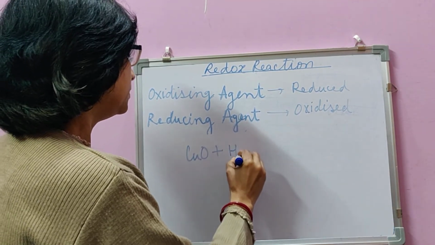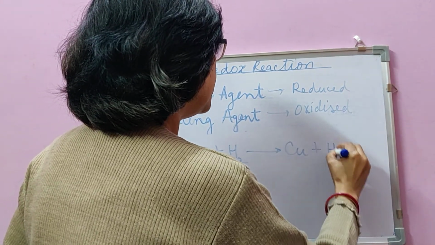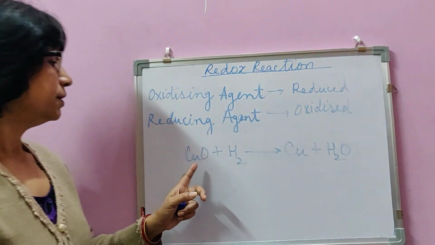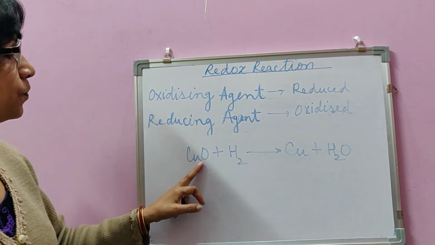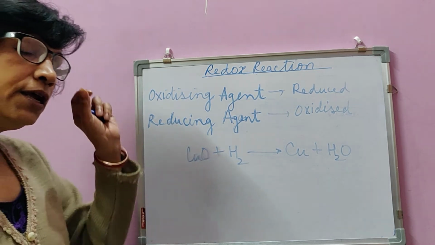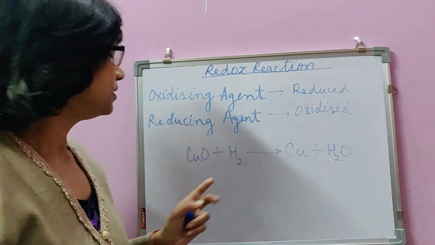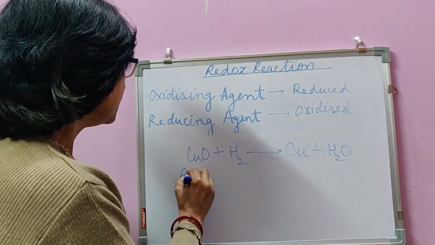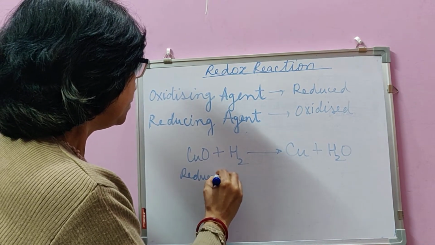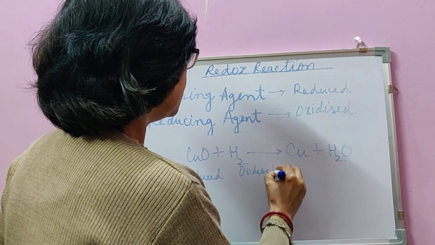Look here. CuO plus H2 gives Cu plus H2O. Now here, if you understand that cupric oxide has lost oxygen, so it is reduced, then it is also understood that the other one is oxidized. So this one is reduced and this one is oxidized.